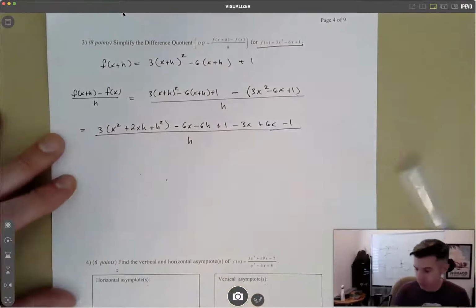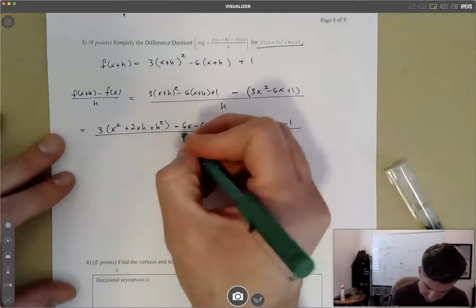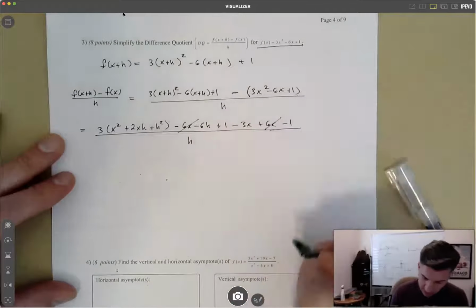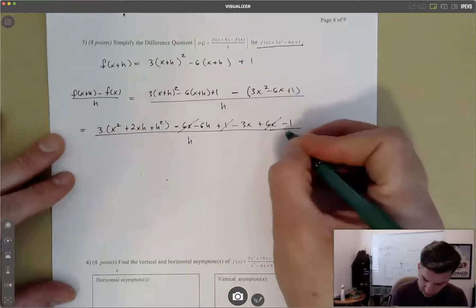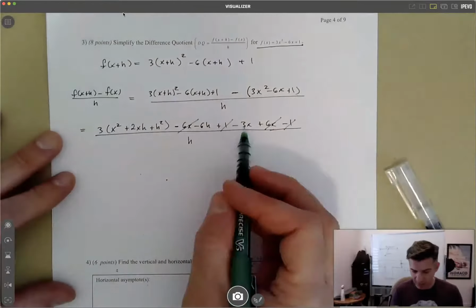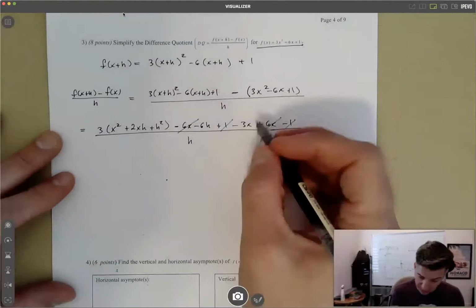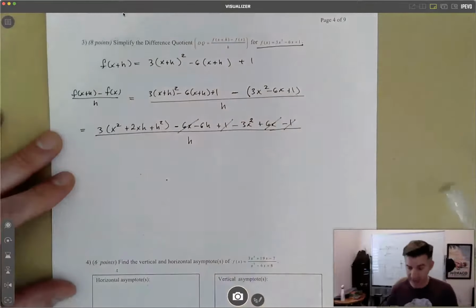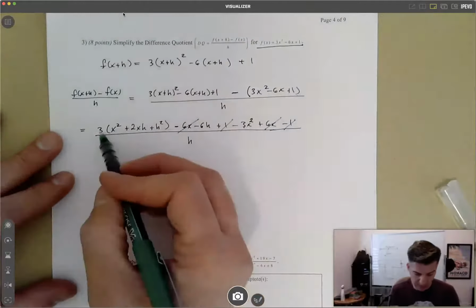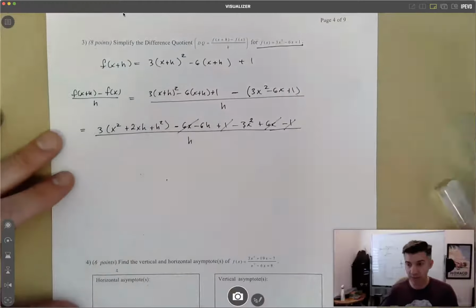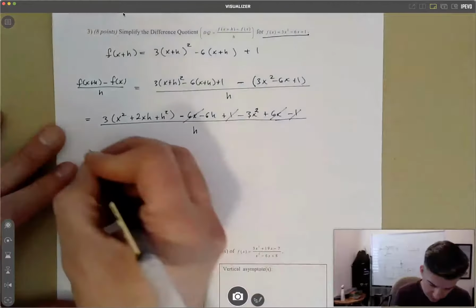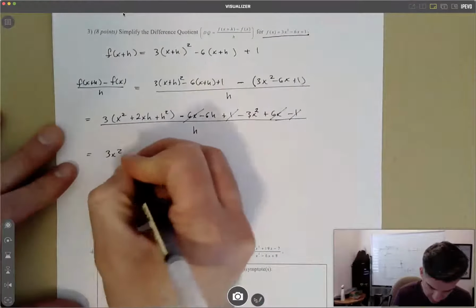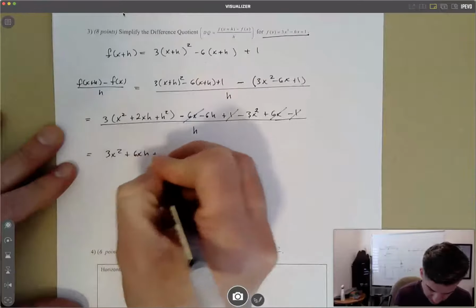And at this stage, I can cancel out a minus 6x with a plus 6x, and a plus 1 with a minus 1. But I can't cancel the 3x. Oh, sorry, that's going to be a minus 3x^2. I can't cancel this minus 3x^2 with this 3x^2 yet because I haven't distributed the 3 yet. So I have to distribute the 3 before I can cancel. So I'm going to get 3x^2 + 6xh + 3h^2.